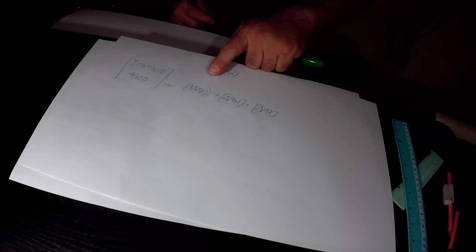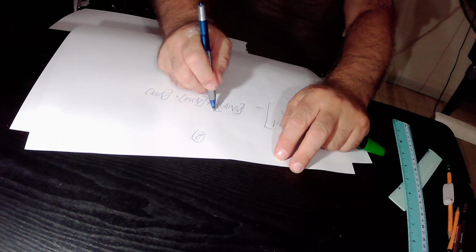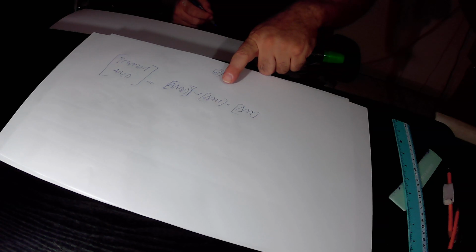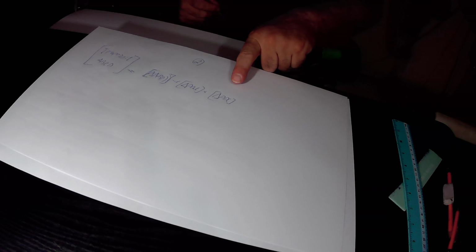The first component is the right triangle ABP, so it is the area of the right triangle APB, plus the area of the second component, the big right triangle PBC, plus the area of the third component, the triangle PDC.